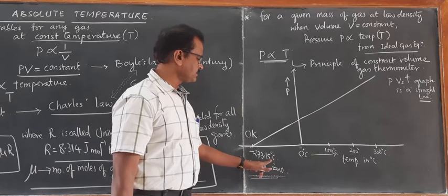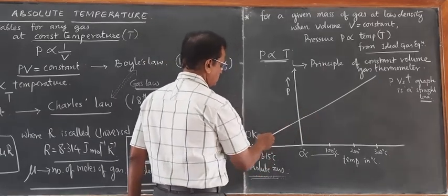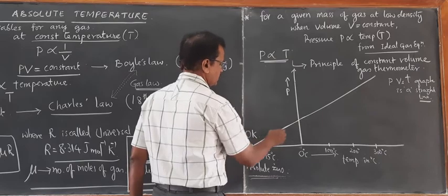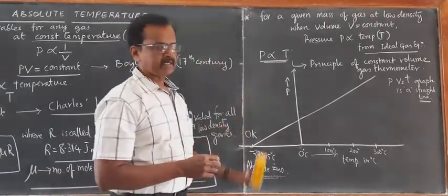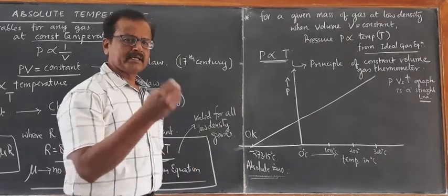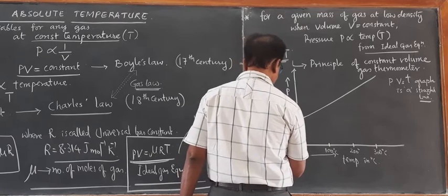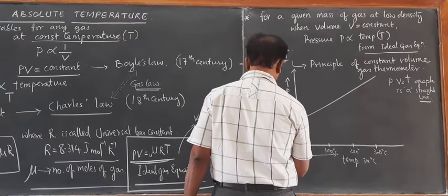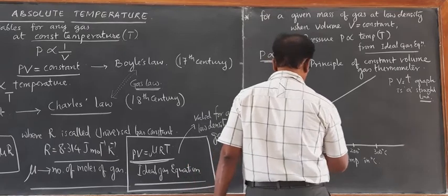At this temperature, the pressure of all the gases reduces to 0. This is for one particular gas. If you take different types of gases at low densities, different gases will show different linear graphs.